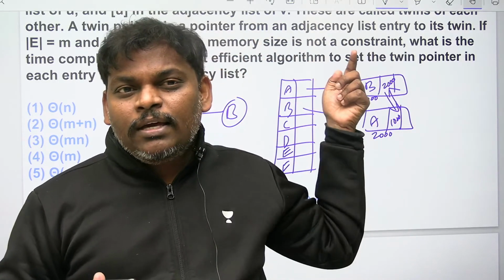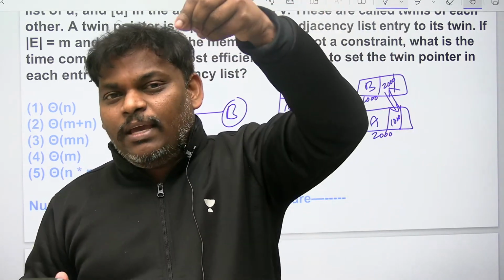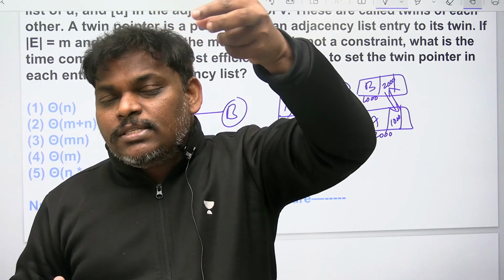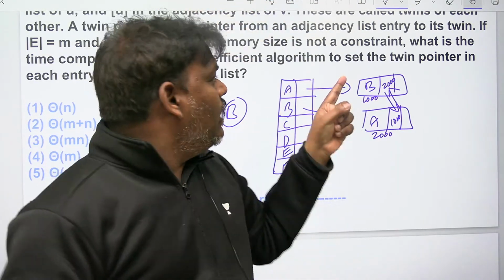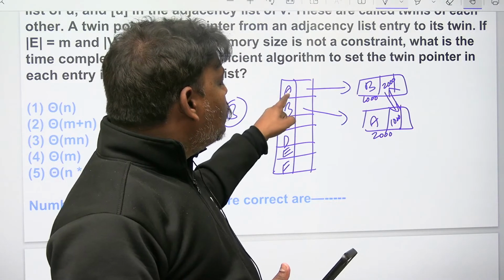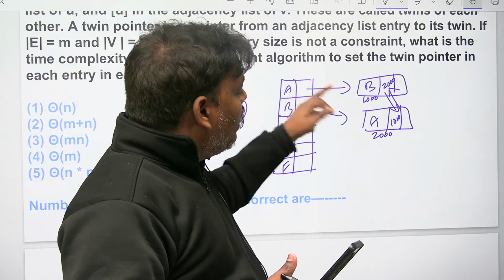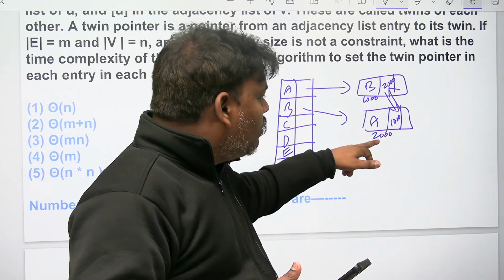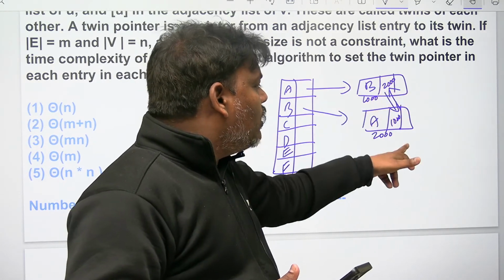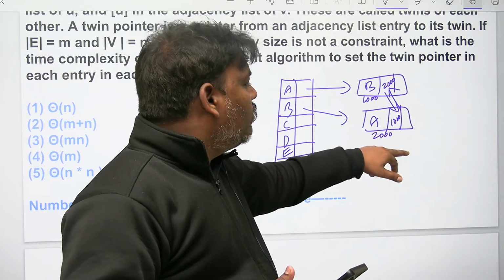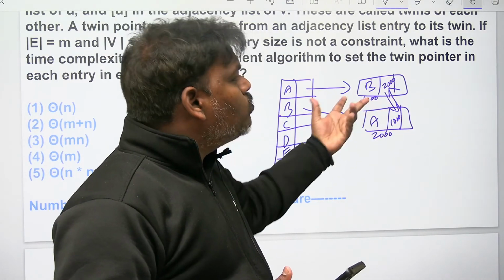What is the meaning? In A's list the B node has address 1000, and in B's list the A node has address 2000. So in B you keep 2000, in A you keep 1000. These are called twin pointers.